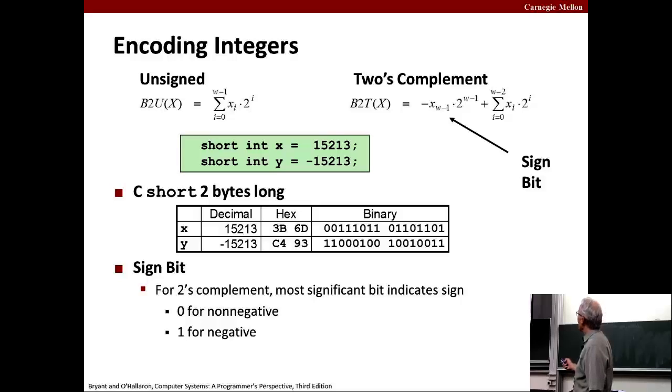It just says we'll add up the sum of the weighted bits, where each bit is weighted by a power of 2. The only difference when we look at 2's complement, which is a way to represent both negative and positive numbers, is that we consider the most significant bit to be what's called the sign bit, so it will have a negative value.